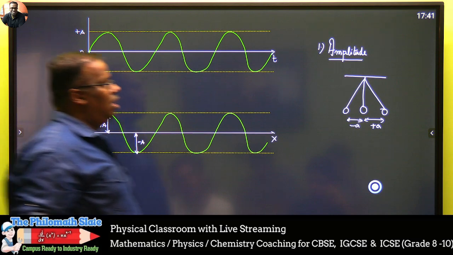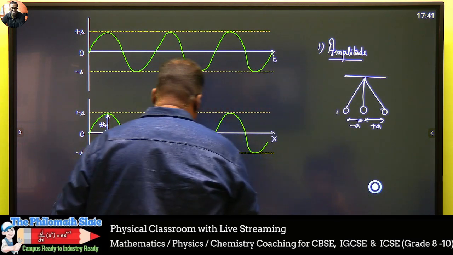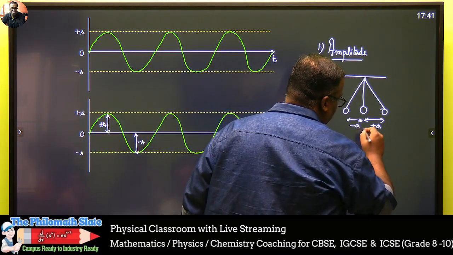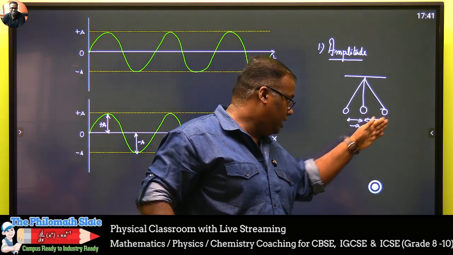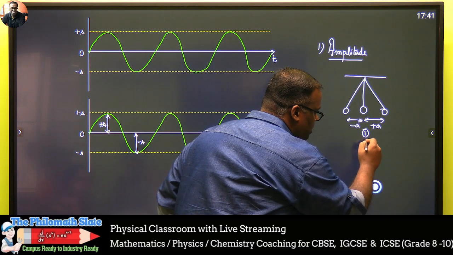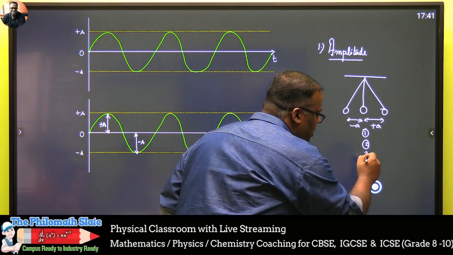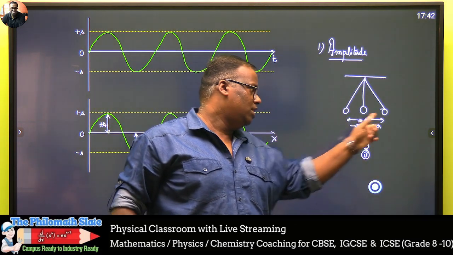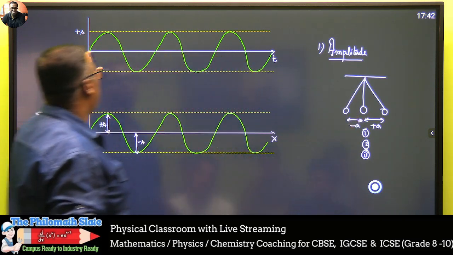Understood? I started from here. Say this be position 1. It goes this side and comes back here, half cycle. At 2 it makes half cycle. Again goes here and comes back here, that is 3. It makes one full cycle. But I'll see it from center because the graph is starting from center.